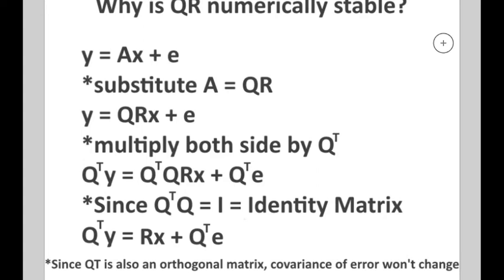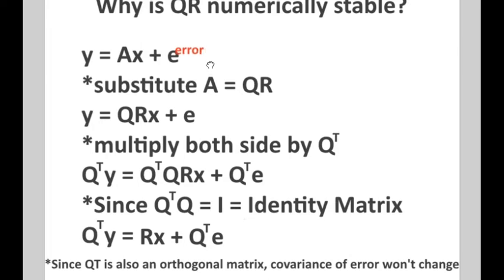In this case, if we have some sort of hypothetical system, y is a vector, x is a vector, A is the matrix, as we mentioned earlier, and e is just the error.